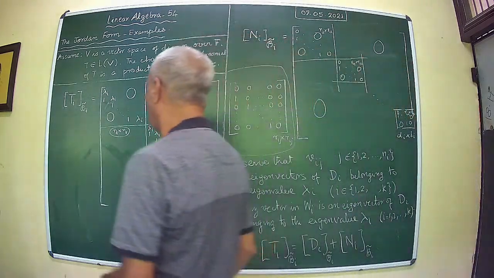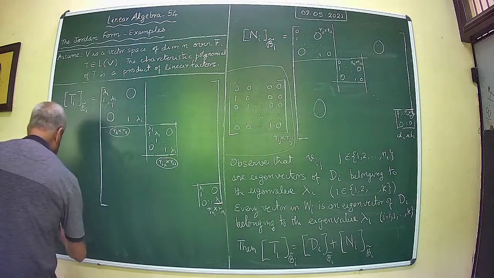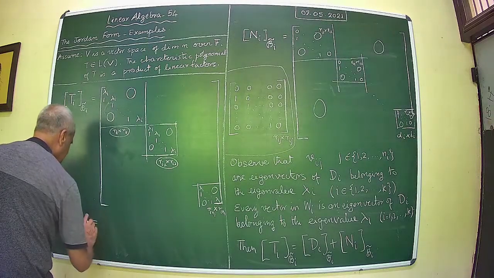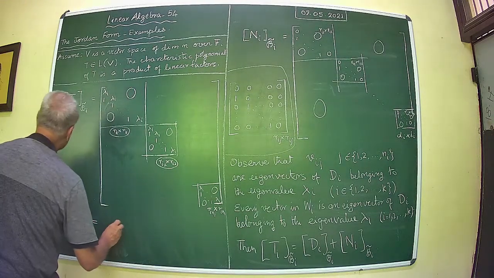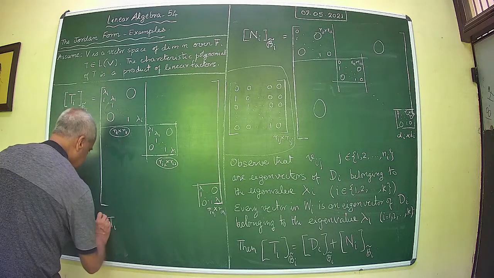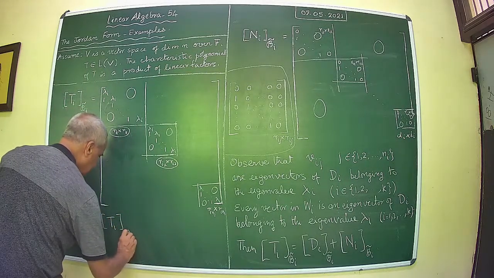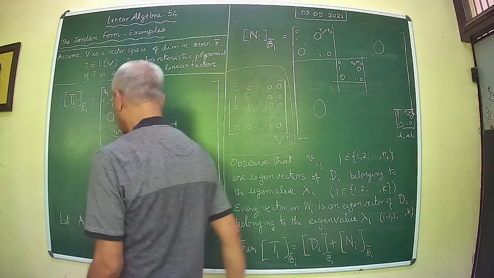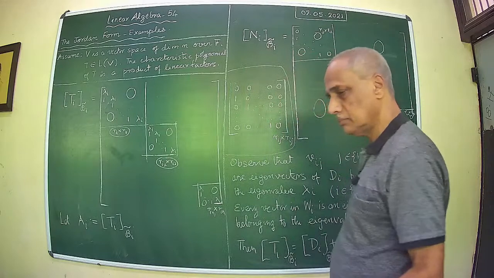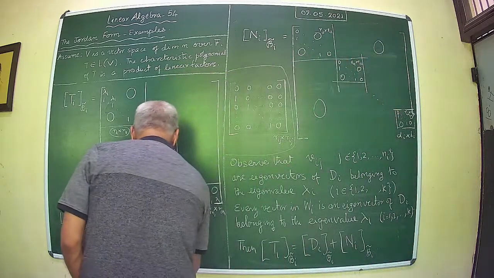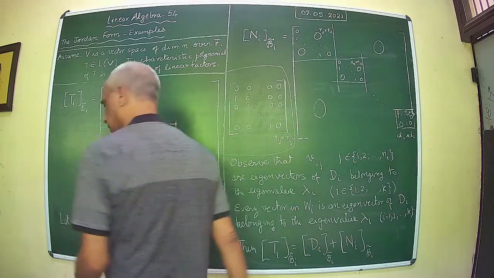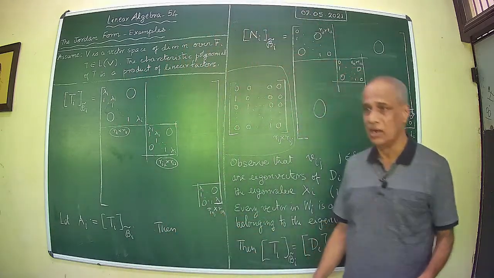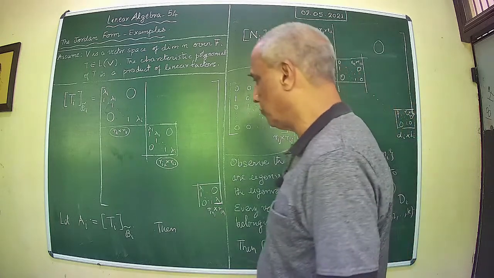Let me call that Ai, and then put these ordered bases together to get an ordered basis for V.